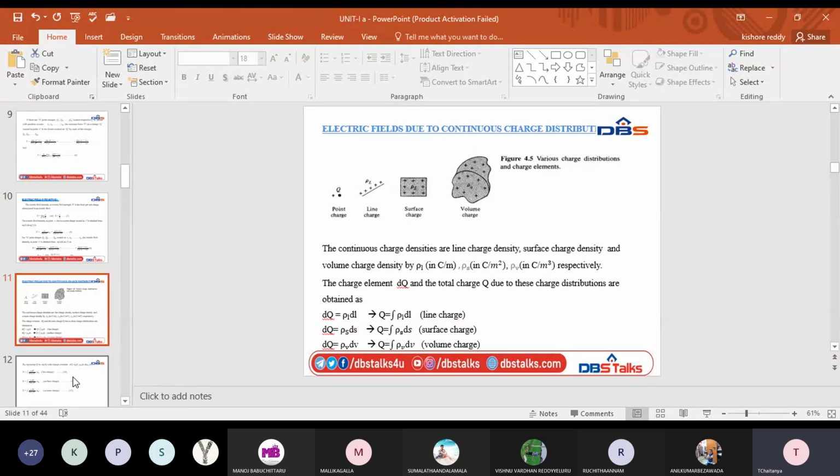So here you will see the types of charges. There are point charge, line charge, surface charge, and volume charge. Point charge is represented as Q, which does not contain length or surface.